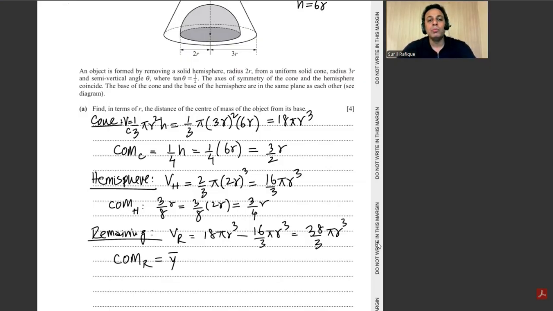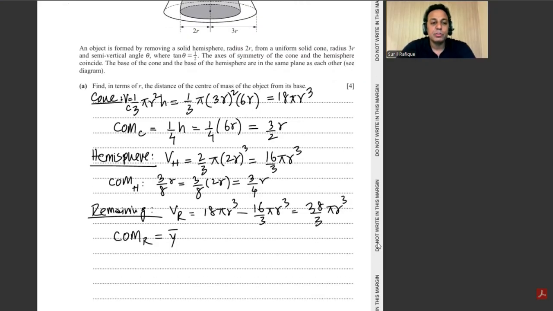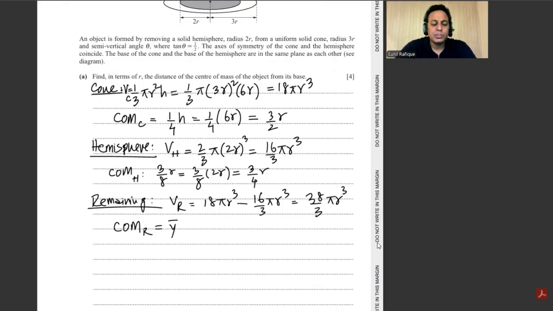So now we use the moments idea for the center of mass. We use the masses, but since it's the same solid and the density is the same, we can use volume in place of mass when the densities are equal. So how does it go?